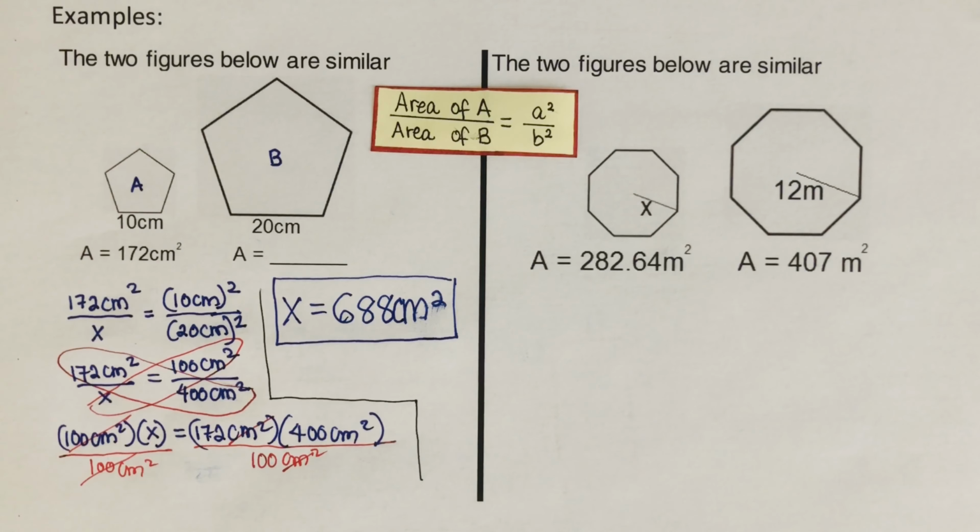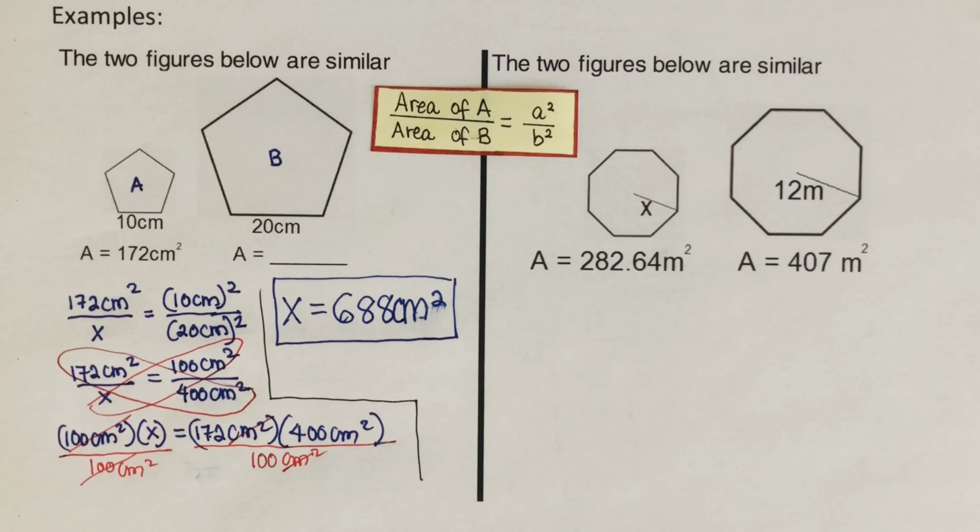So I'm just going to write 12 meters and then square it. Just square the 12 first. So 282.64 meters squared over 407 meters squared is equal to X squared. Now if we square 12, 12 times 12 is 144. Meter times meter is meter squared.